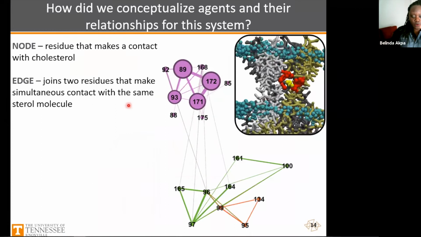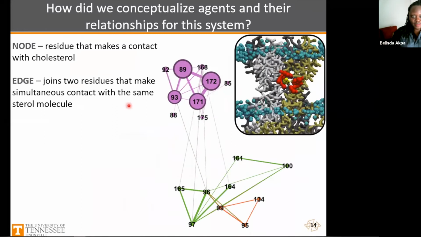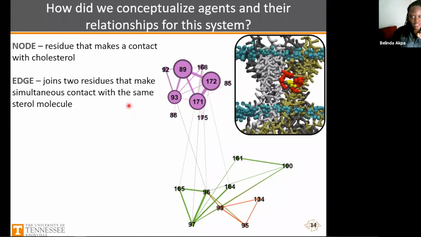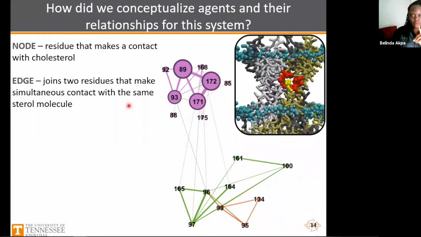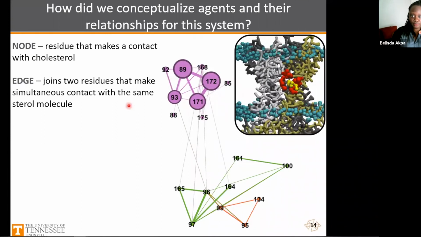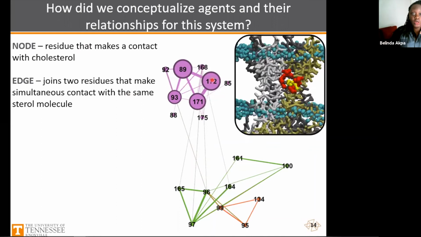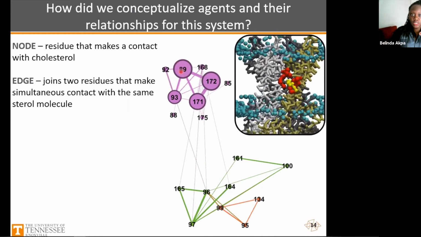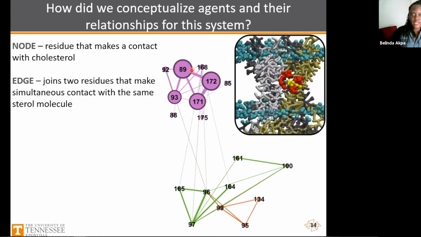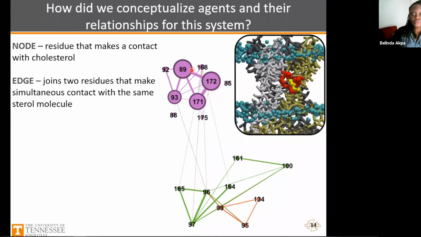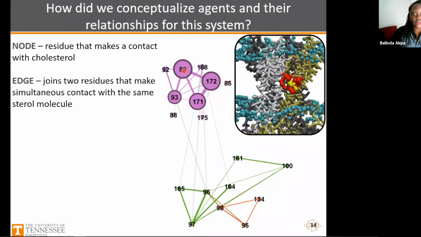Okay, so we're conceptualizing a cohort as a group of residues interacting with a particular cholesterol molecule at the same time. So what we did was we created nodes, and each node represents a residue, and the number represents the residue number.